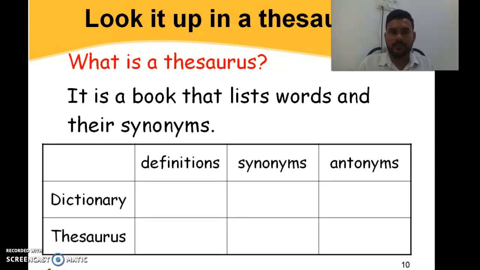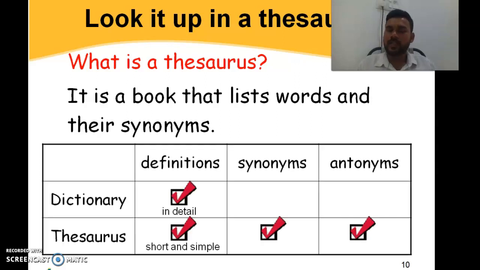What is a thesaurus? It is a book that lists words and their synonyms and antonyms. In a dictionary we can find the definition and meaning in detail, but synonyms and antonyms are not found there. In a thesaurus you can find the definition in detail and in a short, simple form, along with synonyms and antonyms also.